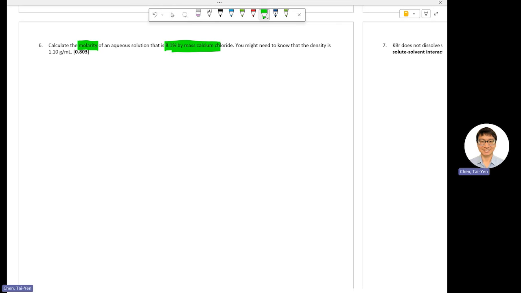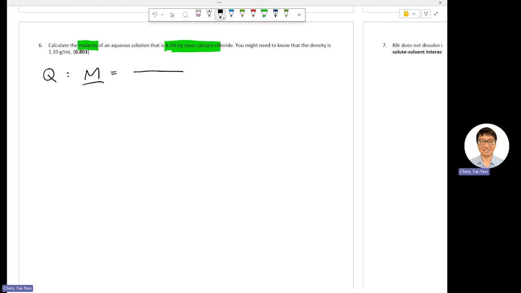So you've seen two concentration terms, right? This is a standard for all my chemistry concentration conversion calculations. Once you know that, you should know what you want to calculate. Molarity, right?